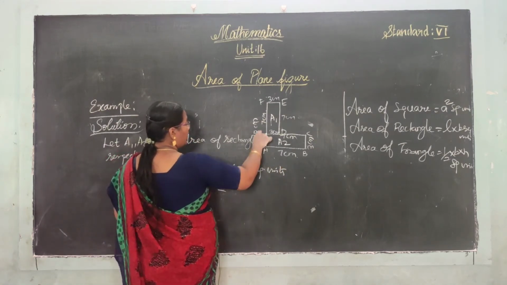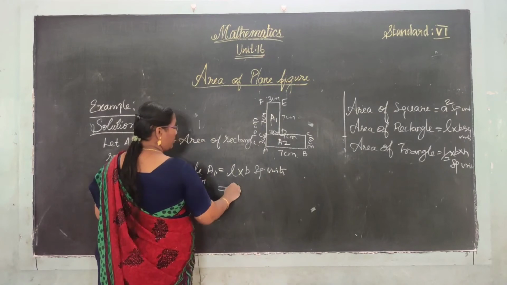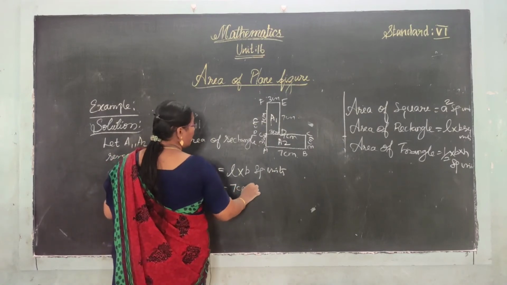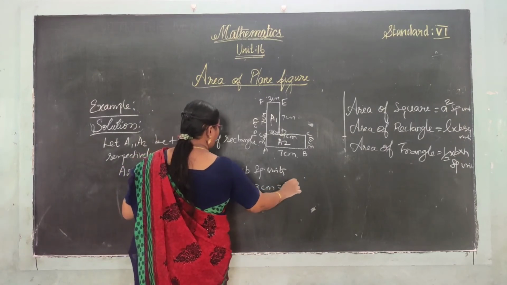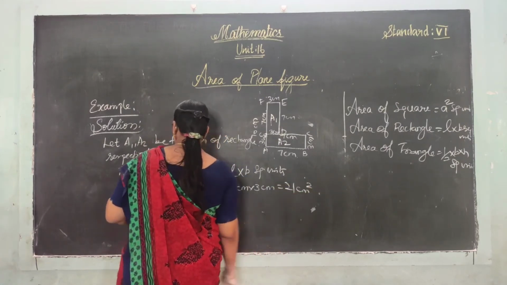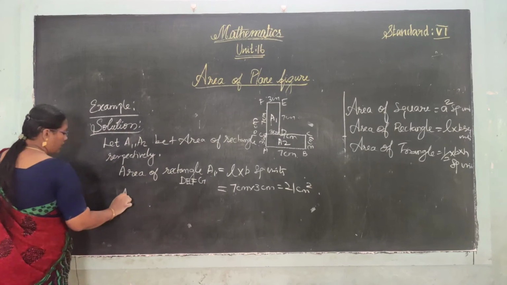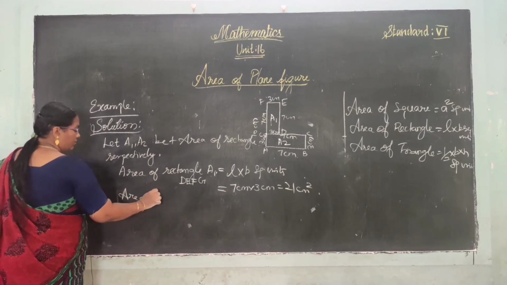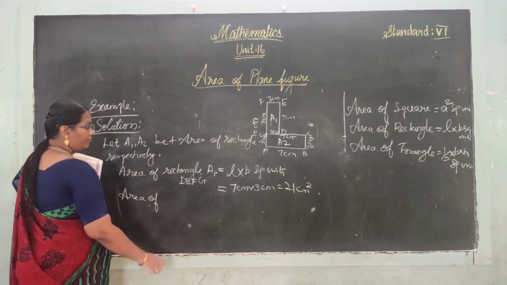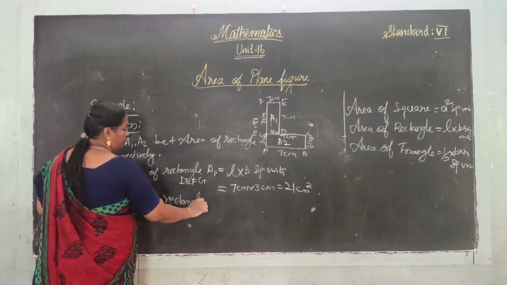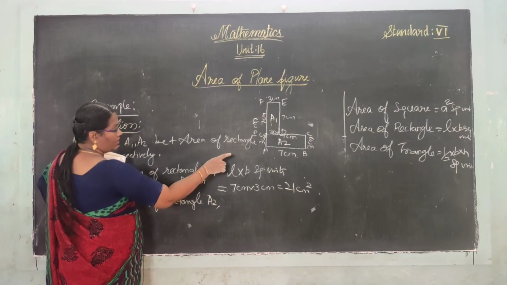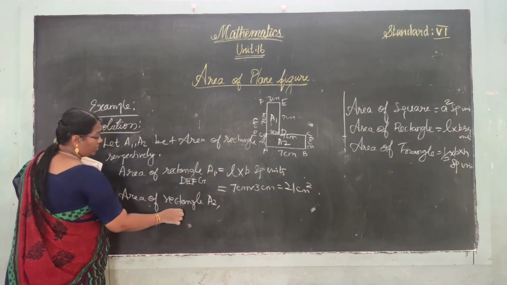So what is the length here? 7 centimeter. Breadth is 3 centimeter. So 21 centimeter square. Next, to find the area of the rectangle A2, named ABCG.